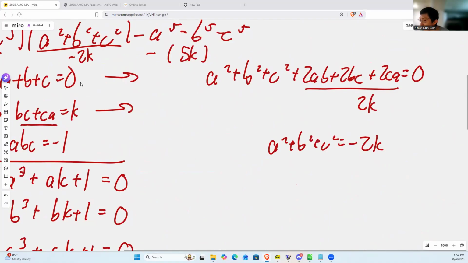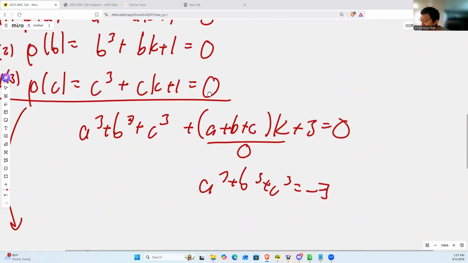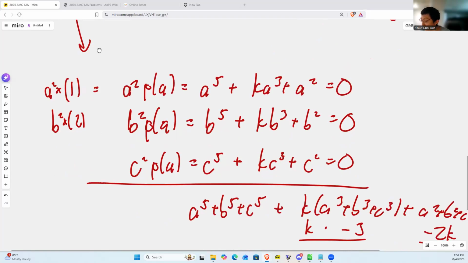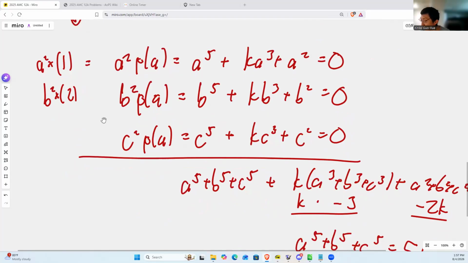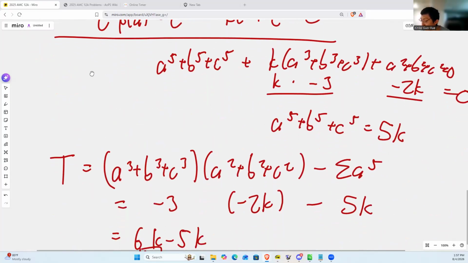We manipulated the Vieta's formulas to get an expression for a squared plus b squared plus c squared in terms of k. And we did something clever to get a to the fifth plus b to the fifth plus c to the fifth. That gave us all the expressions we wanted, and from there it was just a matter of computation.